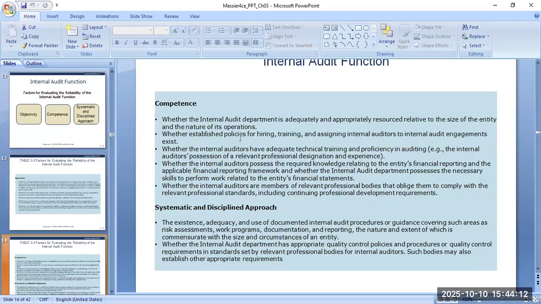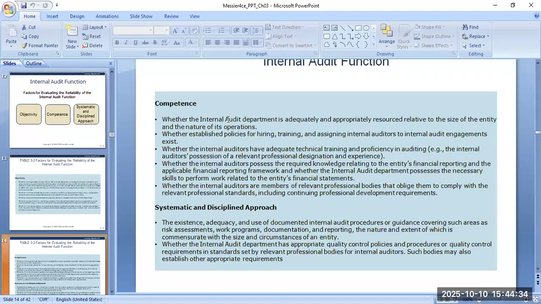Let's say you have a company with 1,000 employees, and the internal audit department has only 2 people. Based on the number of people, that might be appropriate.